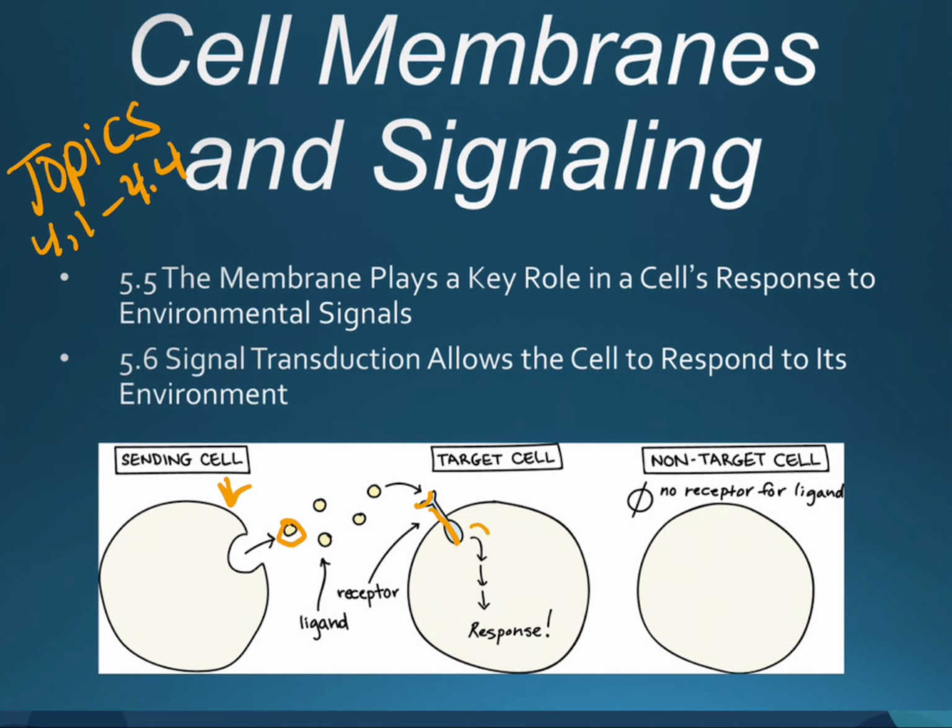That triggers a response or a signal cascade within the cell. This transduction pathway passes the signal like a baton from place to place to ultimately wind up in a response inside the cell. That's basically the overview.